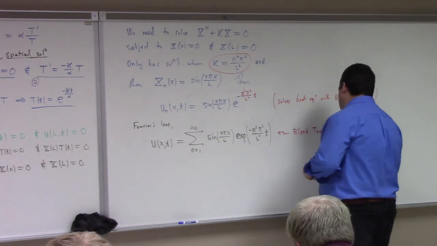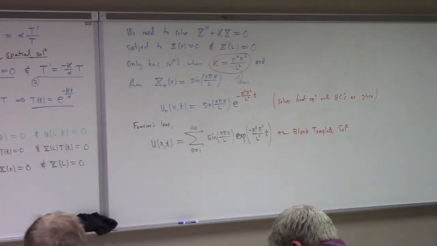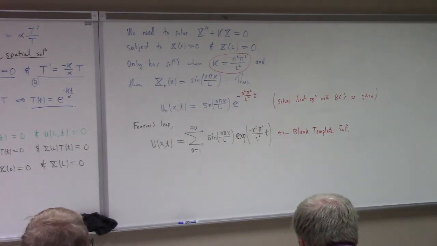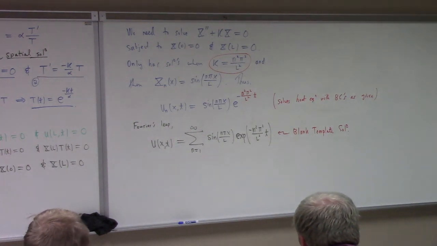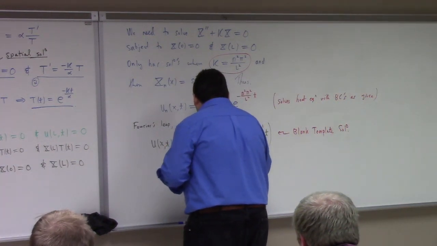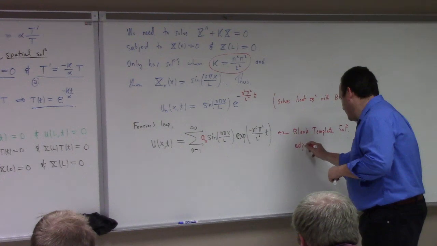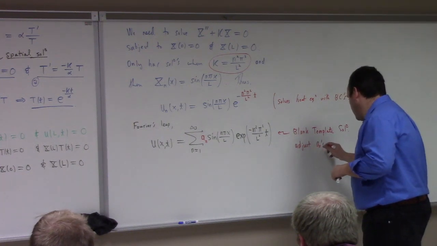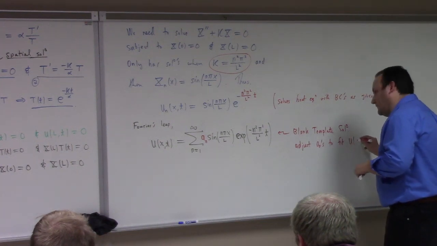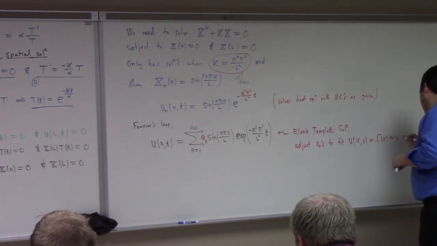The reason I call it the blank template solution is that it's not quite right yet, because I need to allow myself to add as much of each one of these solutions for each n as I want in order to match initial conditions that I'm given. So I'm missing some coefficients in here. Typically, we'll use an a sub n there. The idea is that you can adjust the a sub n's to fit u of x comma 0 equals f of x. This is given.